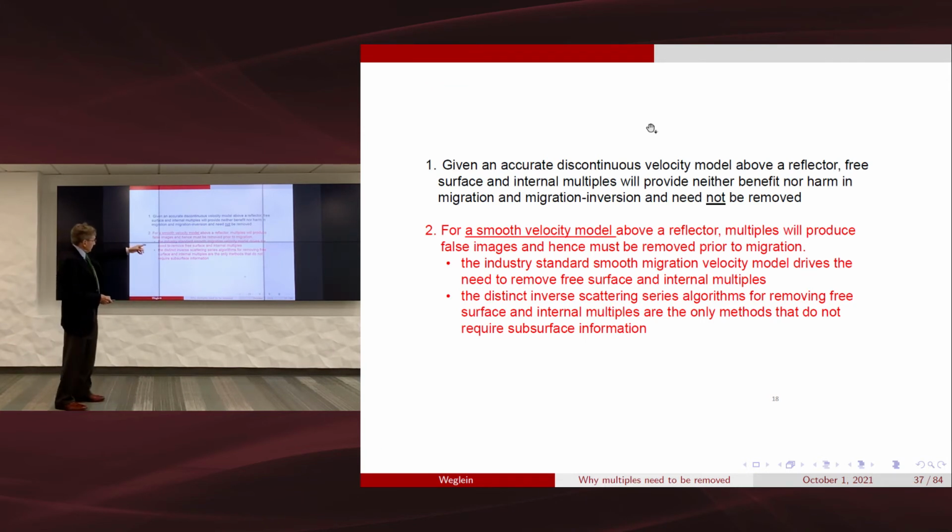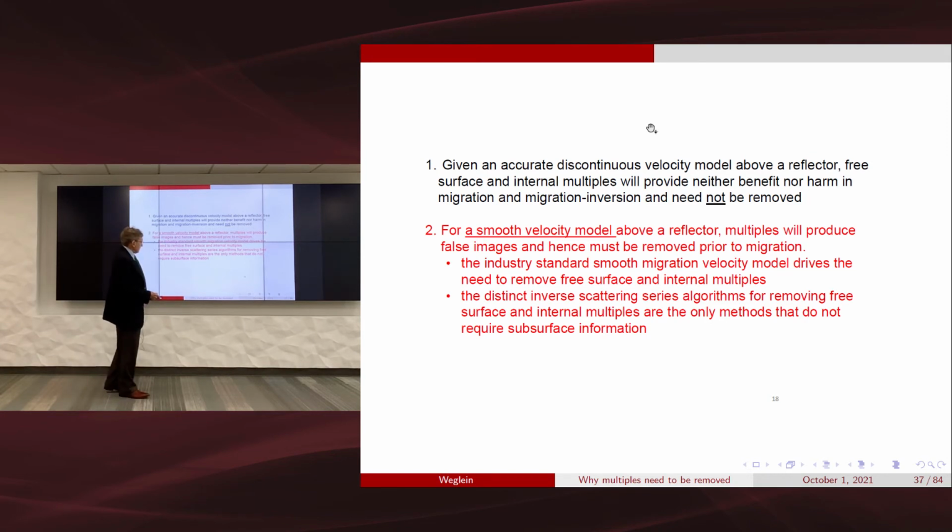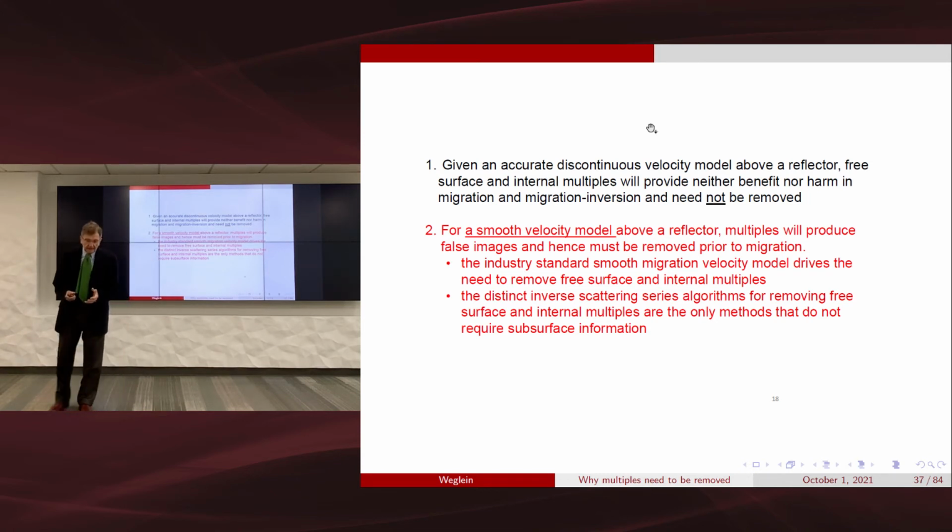So for a smooth velocity model, the industry standard smooth migration velocity drives the need to remove multiples. So that's the state of seismic processing, direct method with a velocity. The only method, or set of methods, that we know of that is able to do seismic processing directly without any subsurface information.